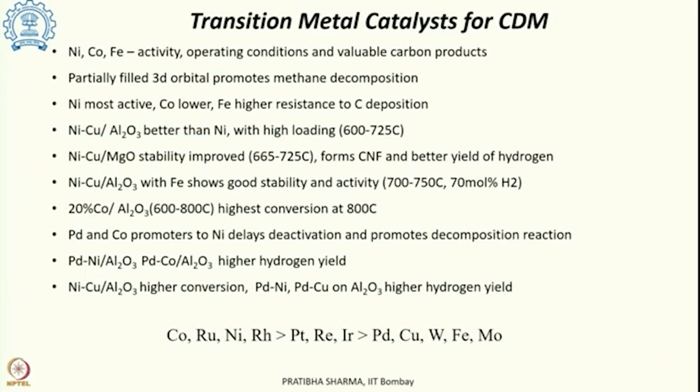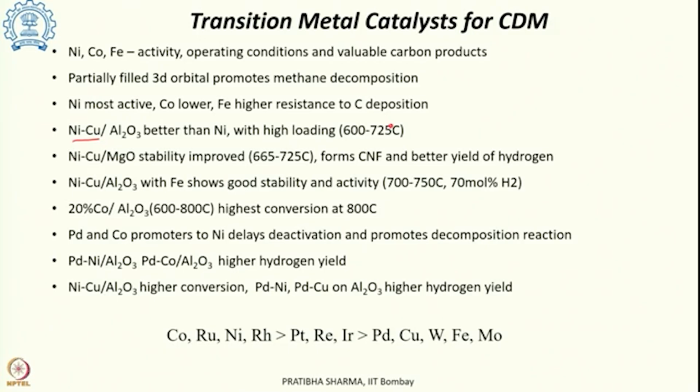So, the problem with nickel is that it is not very stable. A bimetallic catalyst can be used along with nickel, like copper on an alumina support, that shows better stability compared to nickel. However, the loading required is higher and it operates better in the 600 to 725 degrees centigrade range.